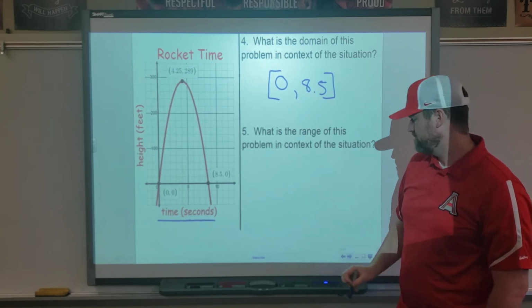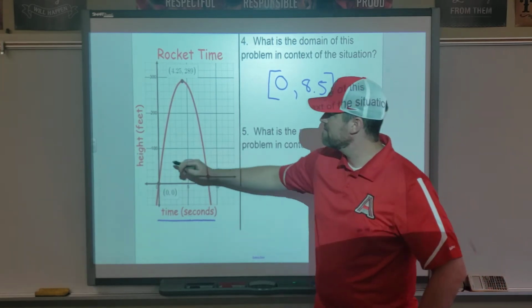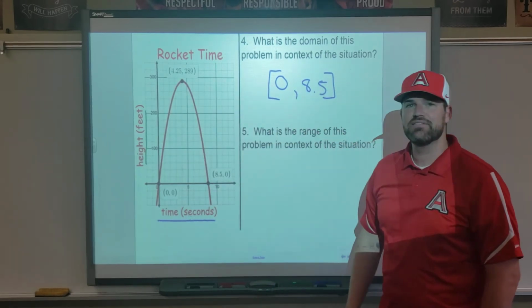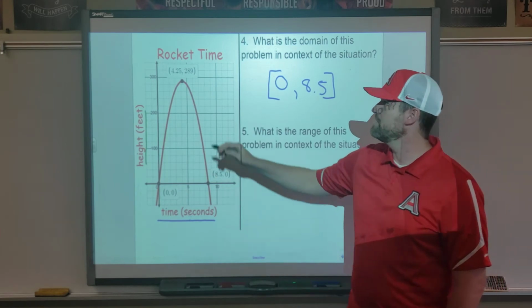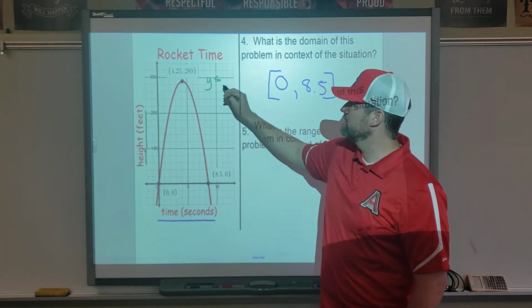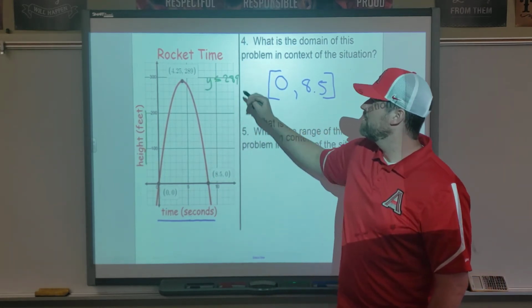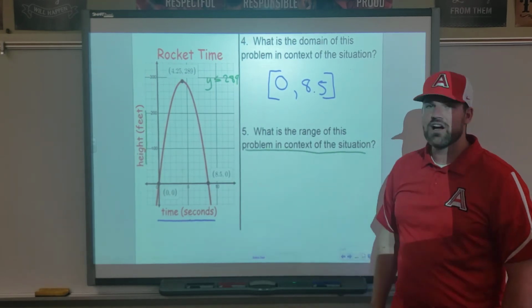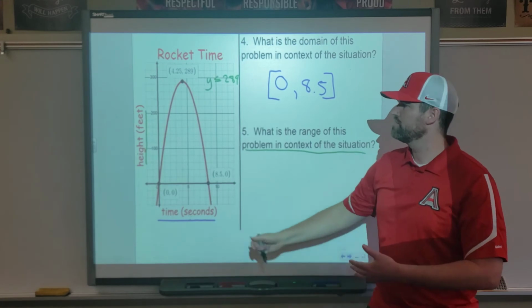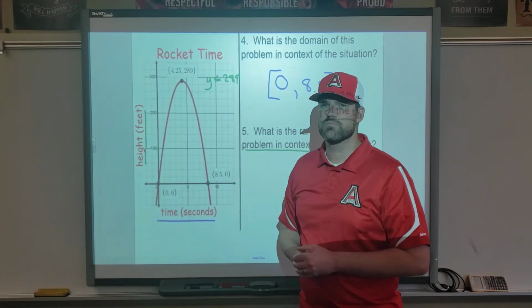Similarly with range, we're looking at the y values. So we're looking at the height in feet. If we were just doing the range of the graph, it would be every y value less than or equal to 289. But since we're doing it in terms of the context of the situation, we're looking at what are the possible heights that the rocket could be at.